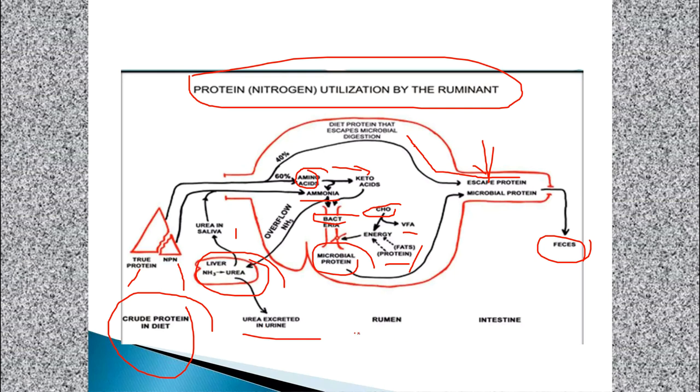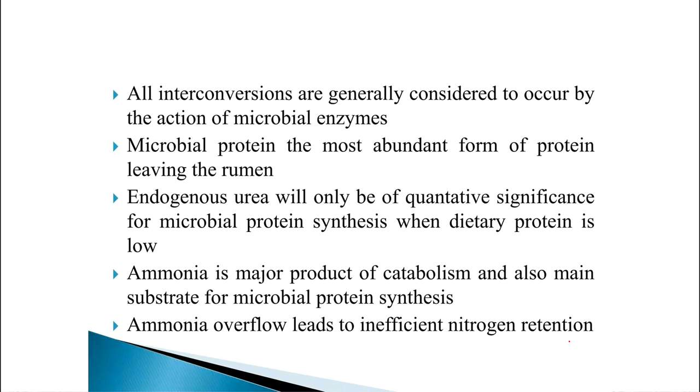Then there is the rumen phase of protein digestion, and another one is the intestinal phase. All these interconversions are generally considered to occur by the action of different microbial enzymes like peptidases etc. Microbial protein is the most abundant form of protein leaving the rumen. So endogenous urea will only be quantitatively significant for microbial protein synthesis.